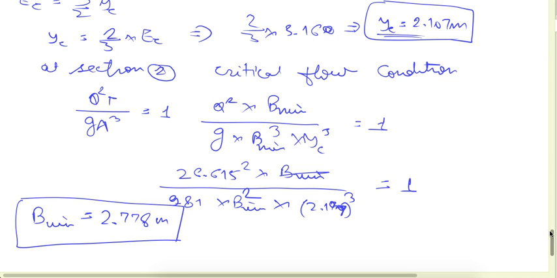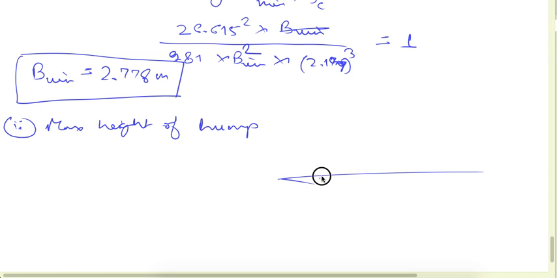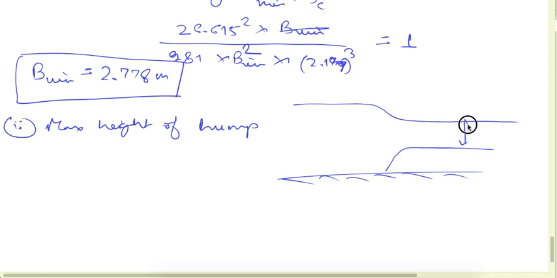That's it. And the second part is maximum height of hump. And so the maximum height of hump will again be such that it is critical flow condition here.